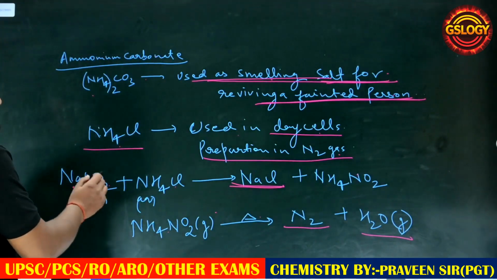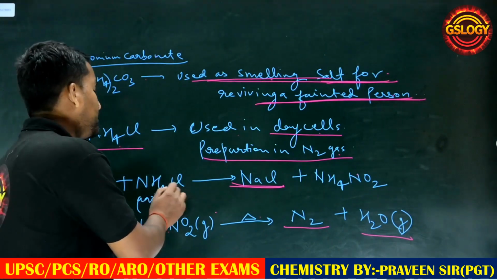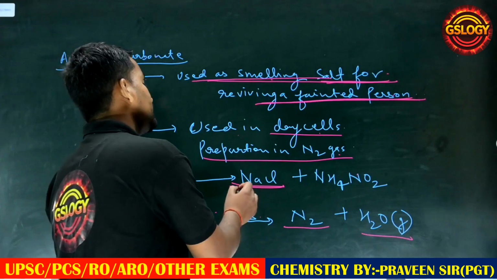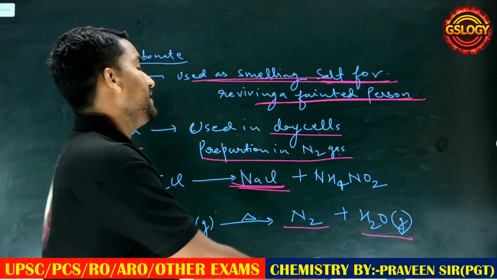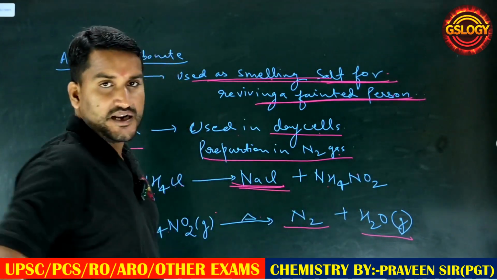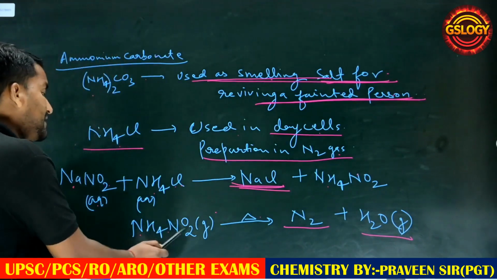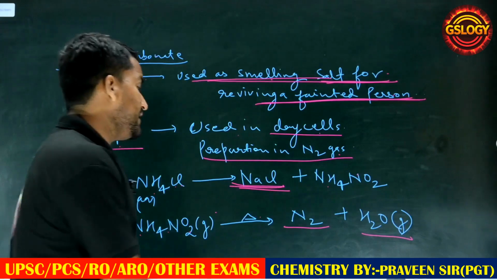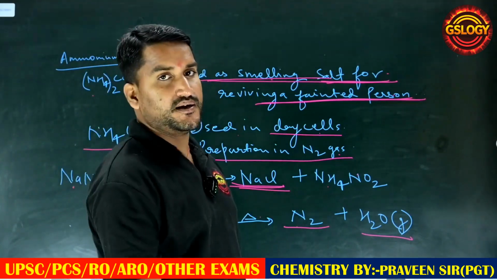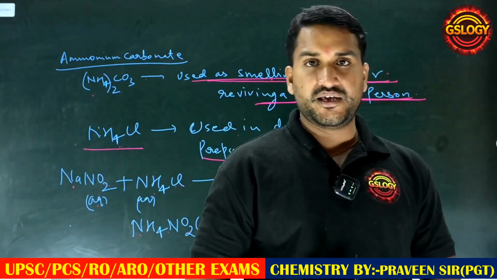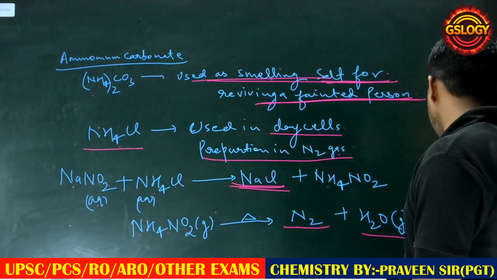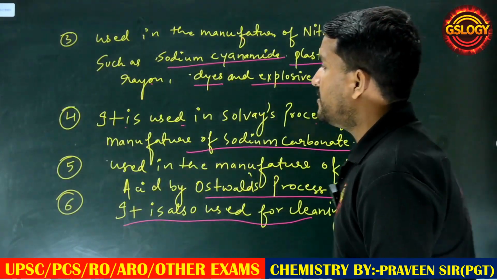When sodium nitrite reacts with ammonium chloride, it forms sodium chloride and ammonium nitrite, and ammonium nitrite on heating gives nitrogen and water. So clear? So it is all about the uses of ammonia gas.